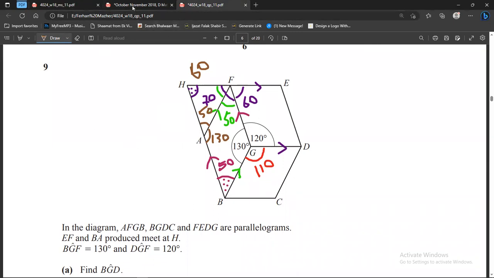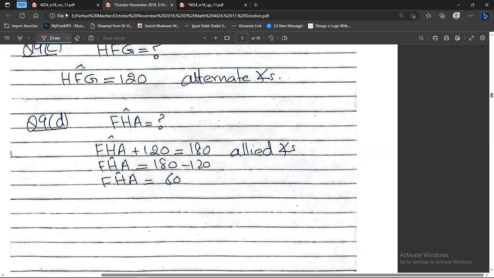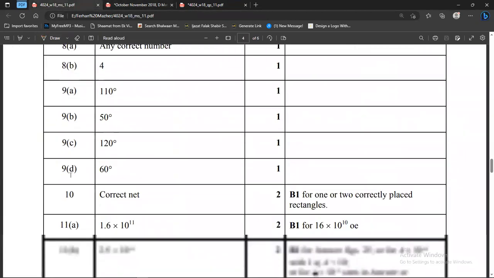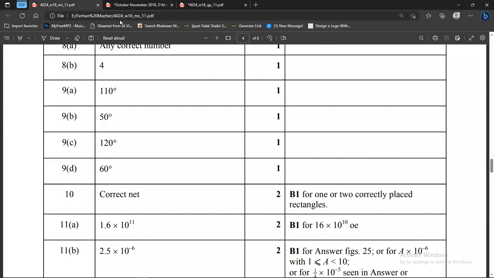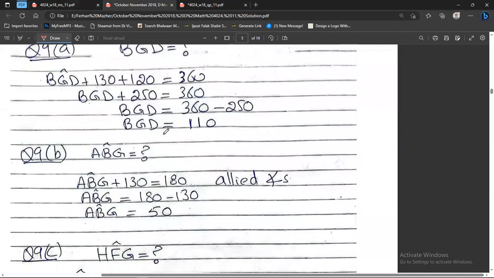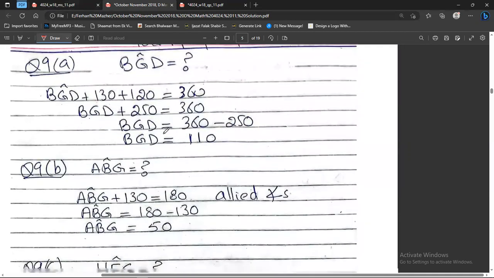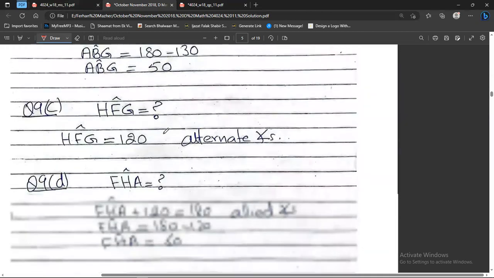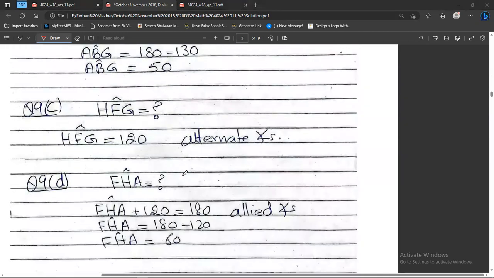So here we have 2, 3, 4 methods to solve the same thing. So we will have 120, 110, 50, 120, and 60. So our answers are basically right. These are the solutions. This is A part, this is B part, this is C part, and the D part.